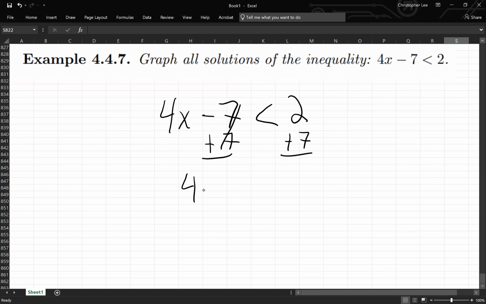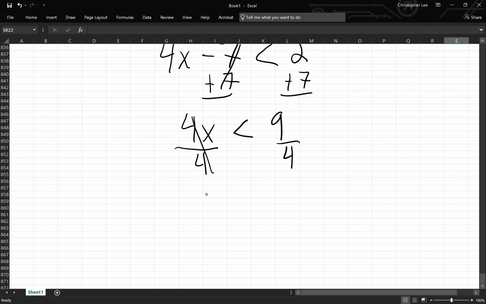So now I have 4x is less than 9. And now I want to get x by itself, so I'm going to divide by 4. What I do to one side, I got to do to the other. All right? So now what's my answer? X is less than 9 over 4, right? Because the 4 is positive, I don't flip it.